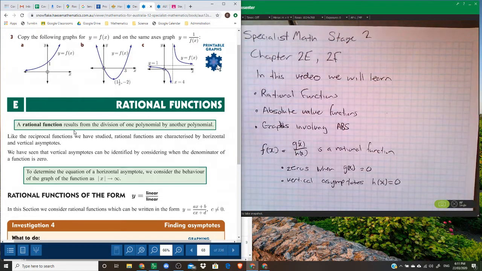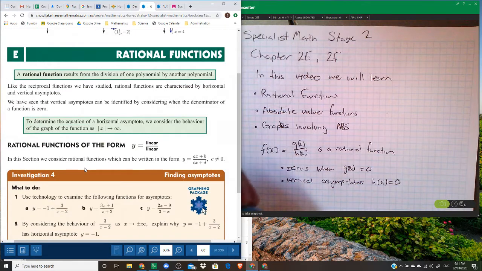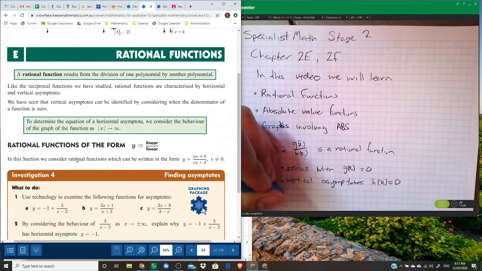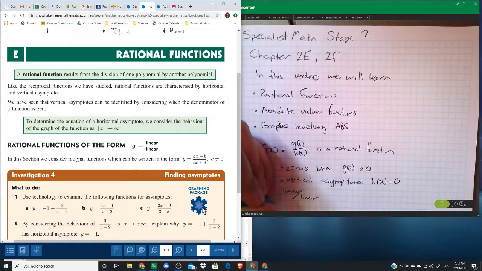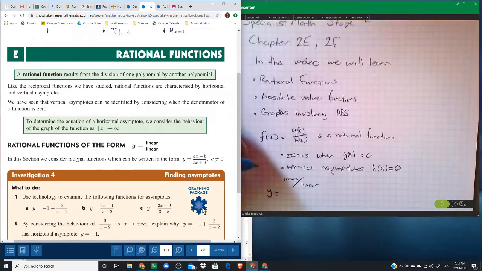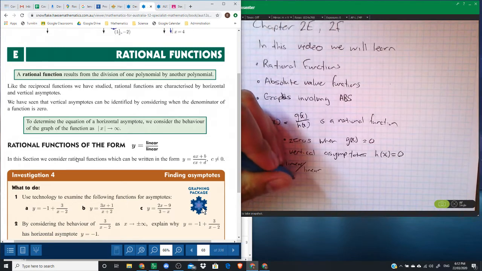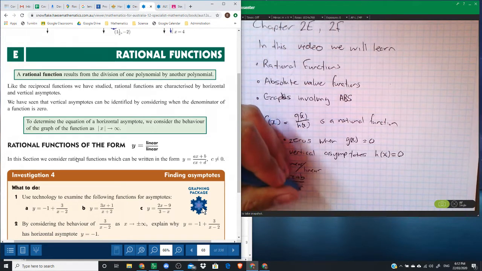All right. So we're going to look at a particular subset of these. We're going to look at the form of the linear divided by linear. So let's talk about linear over linear. That can be expressed in the form of y equals ax plus b over cx plus d.